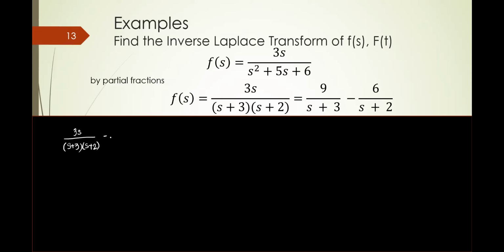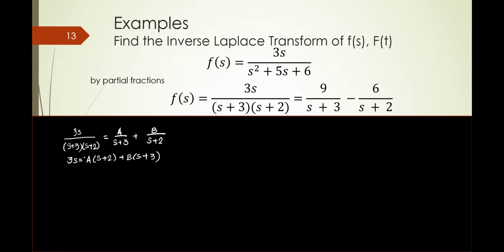So by partial fractions, you can say a over s plus 3 plus b over s plus 2. So multiplying everything by the LCD, you'll end up with 3s is equal to a, s plus 2, this is b, s plus 3.